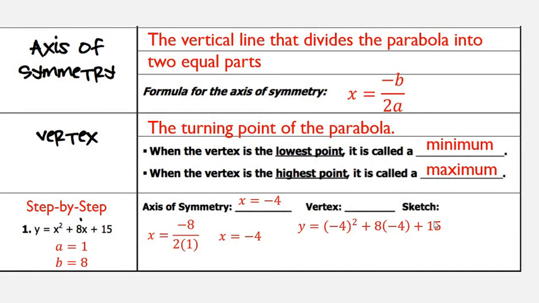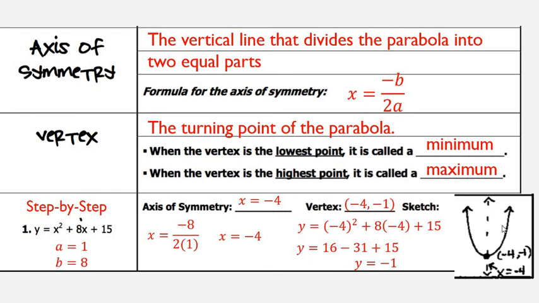Then take all of this at one time and put it in your graphing calculator, whatever calculator you're using, and it will give you the answer of y equals negative 1. So now, the vertex is negative 4, that's your x, and the y is negative 1. Since this is a positive parabola, it's going to face up.